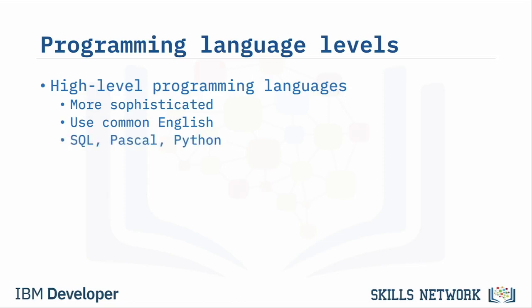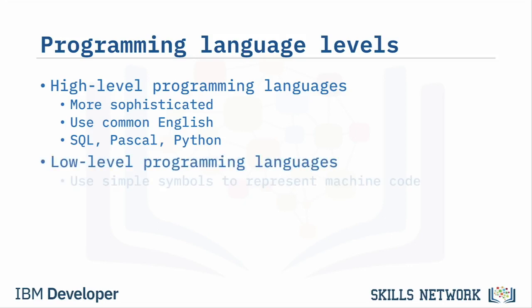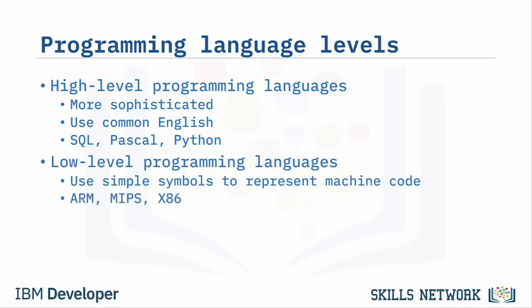Examples of high-level programming languages include query languages, such as Structured Query Language or SQL, structured programming languages, such as Pascal, and object-oriented programming languages, such as Python. In contrast, a low-level programming language uses a set of symbols to represent machine code. Examples of low-level programming languages include assembly languages such as ARM, MIPS, and x86.